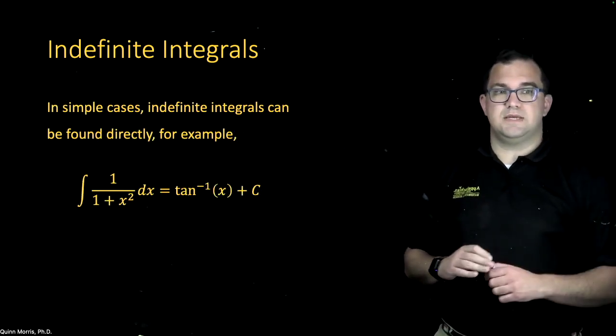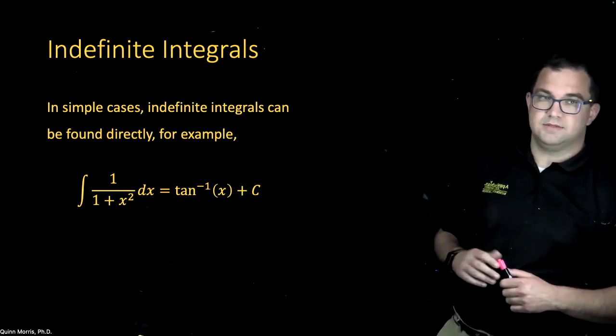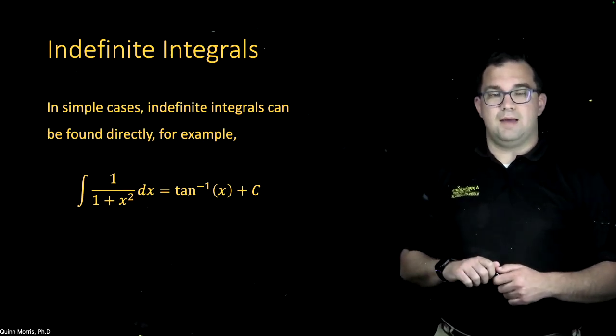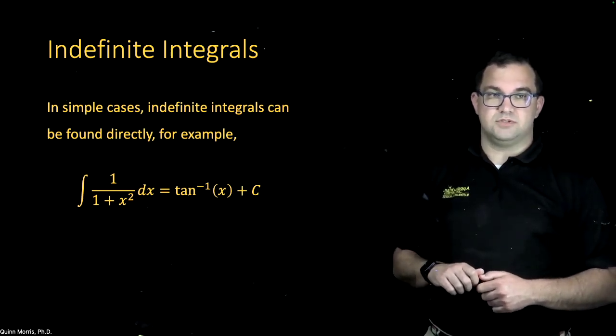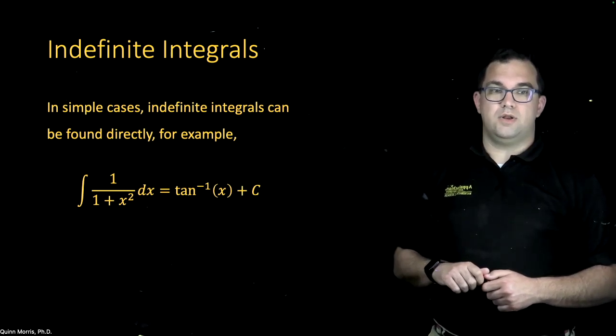So in simple cases, indefinite integrals can be found directly. For example, I may recall from Calculus 1 that the derivative of arctangent, or tangent inverse of x, is 1 over 1 plus x squared.